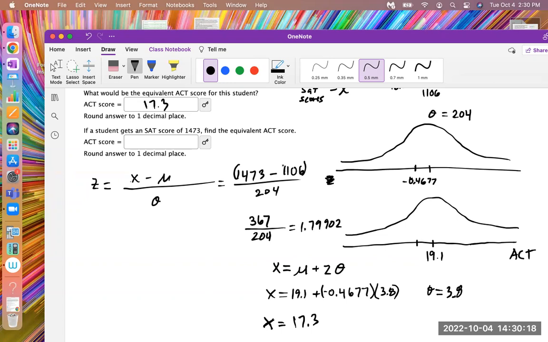Oh, actually, it's above, I'm sorry. This is above because it's a positive 1.79. So we're going to go 1.79 of these standard deviations above a mean of 19.1.